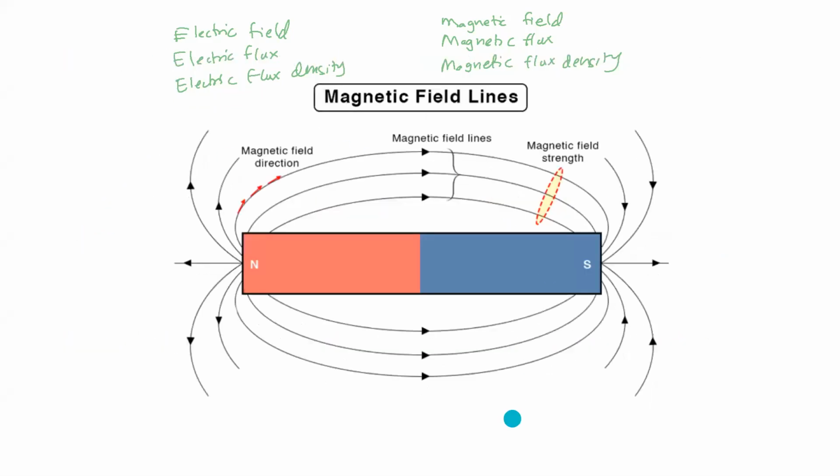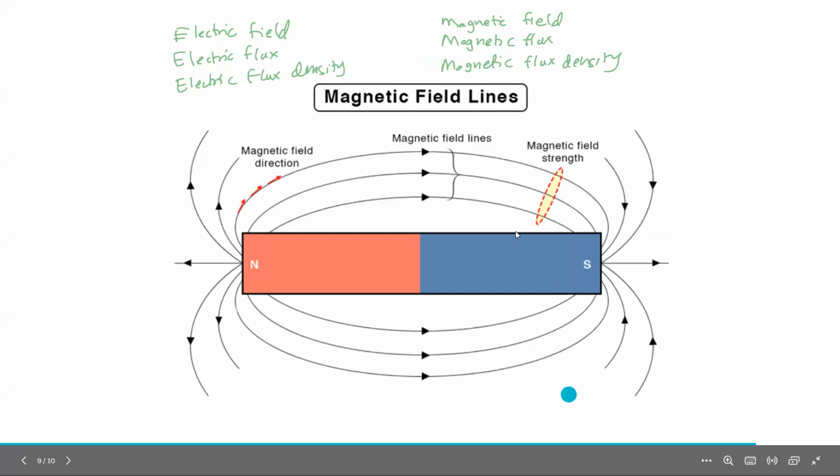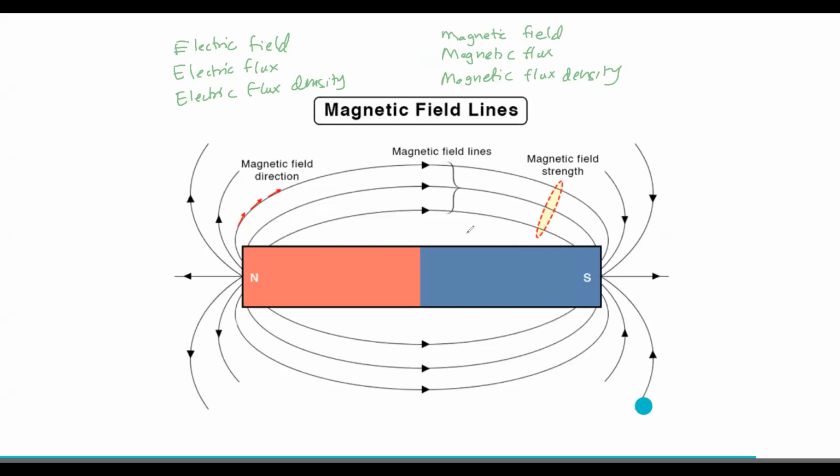So we will try to define the magnetic field, as the amount of magnetic force experienced by a specific point in the region.